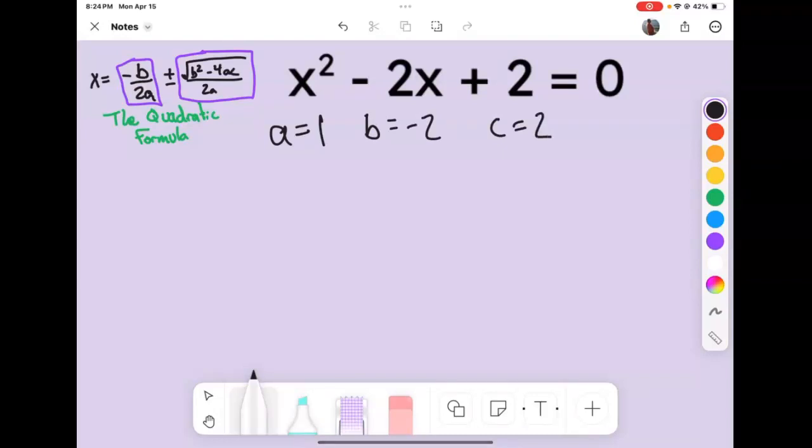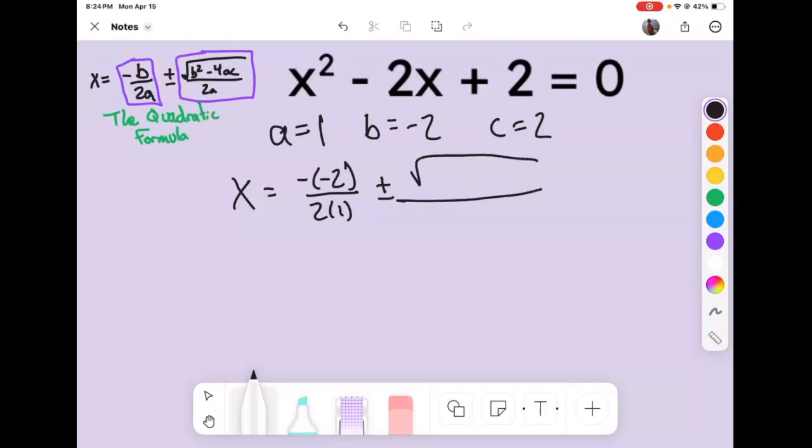So using the quadratic formula is just a matter of plugging in our values. So we're going to take the opposite of negative 2 over 2 times a, plus or minus my b value, negative 2 squared, minus 4 times a times c, and our denominator would be the same, 2 times 1.